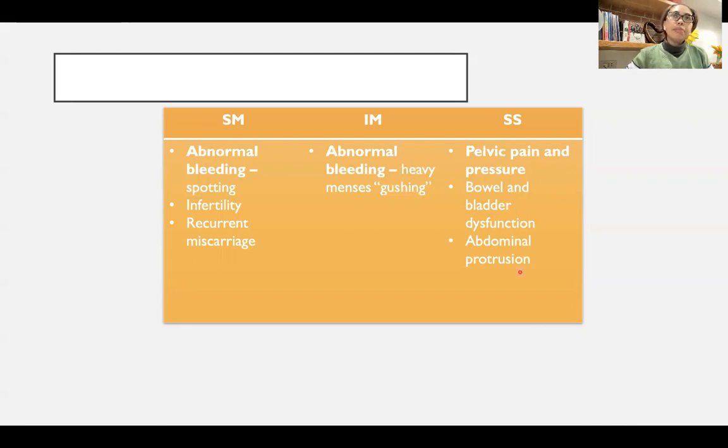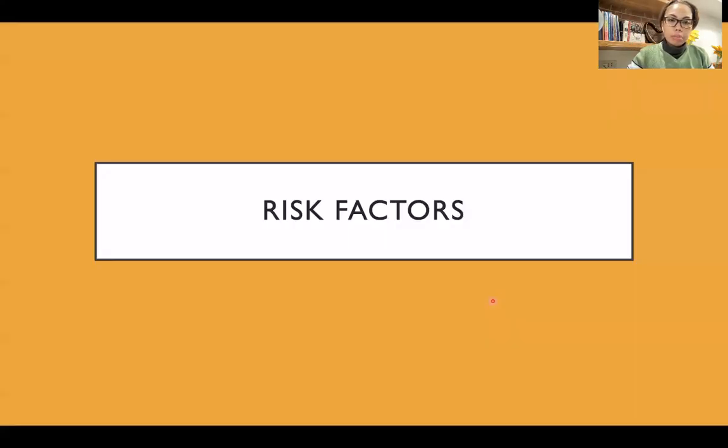Again, there can be no symptoms of pain or bleeding, but it can present as an abdominal protrusion. The uterus looks large because of the big contour brought about by the myoma.